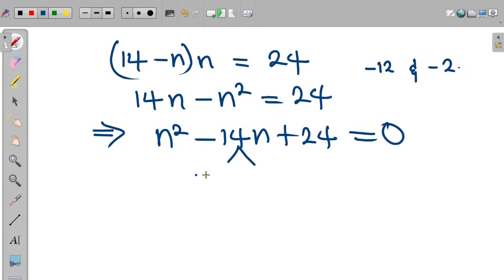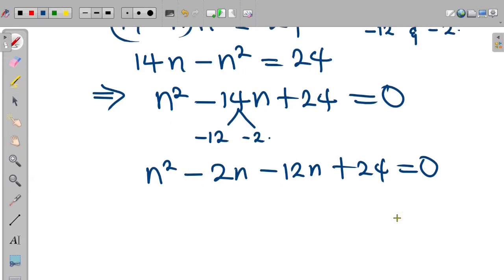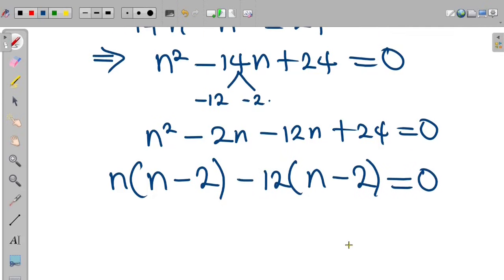So this becomes n squared minus 2n minus 12n plus 24 equal to 0. If we group them, this becomes n, open bracket, n minus 2, minus 12, open bracket, n minus 2, equal to 0.